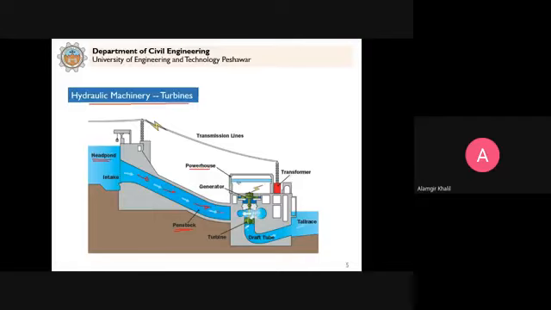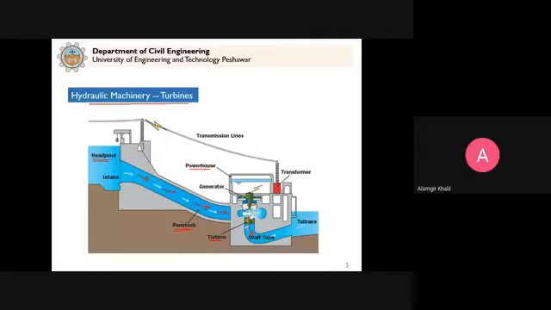So you can see that this water comes here. It is supplied to the turbine through this penstock, and as this water passes through the turbine, it rotates the vanes or blades of the turbine. As this rotates, it rotates the shaft.